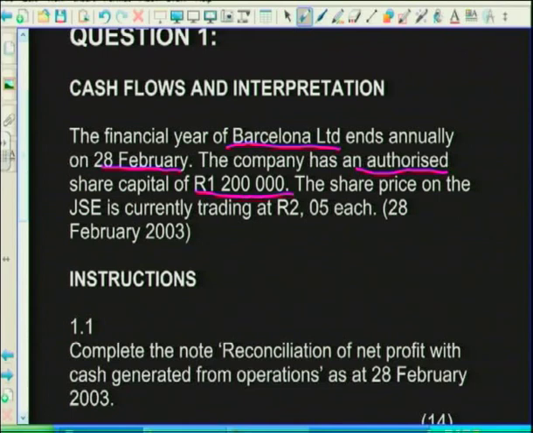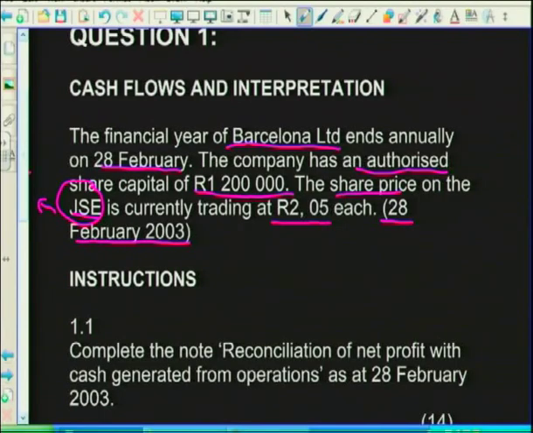The share price on the JSE is currently trading at 2 rand 5 cents each, and this was on the 28th of Feb 2003. Now remember guys, when we talk about the share price on the JSE, what are we referring to? Exactly. We are referring to the market value.